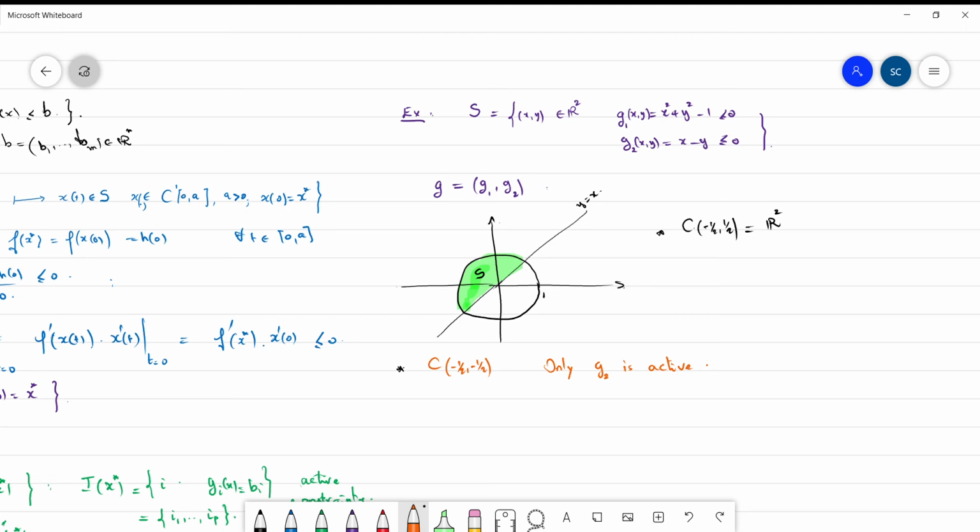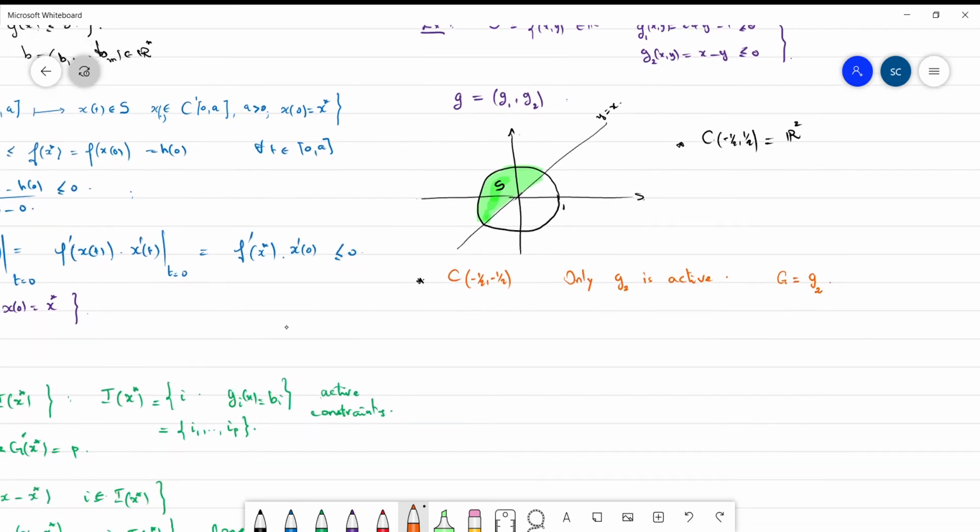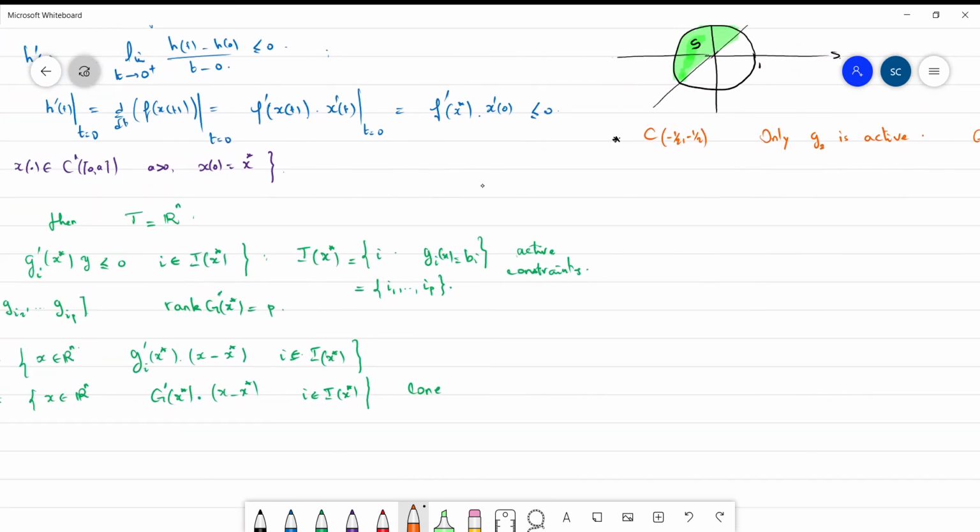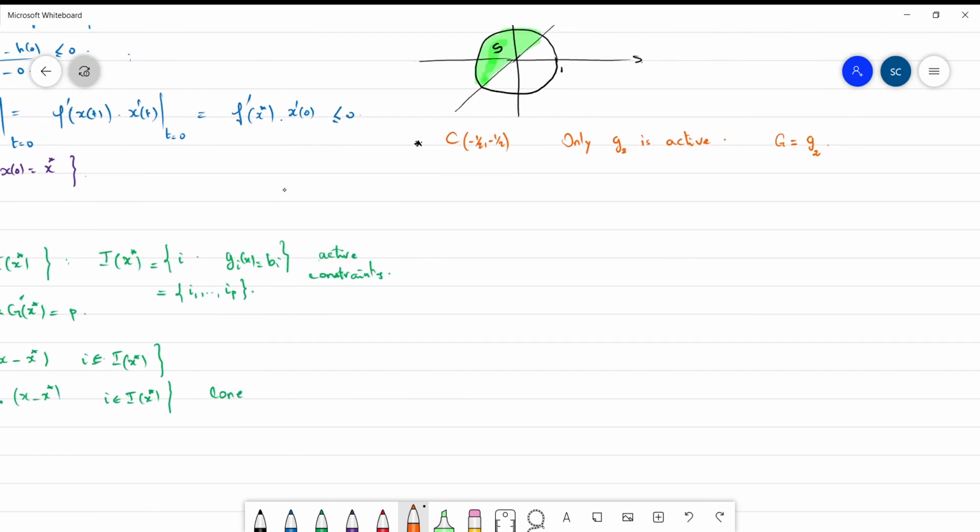So the G that I will consider will be G2 only, and from the characterization we established here, C will be the set of all (x, y) such that G prime at (-1/2, -1/2) applied to the vector (x + 1/2, y + 1/2) is negative.